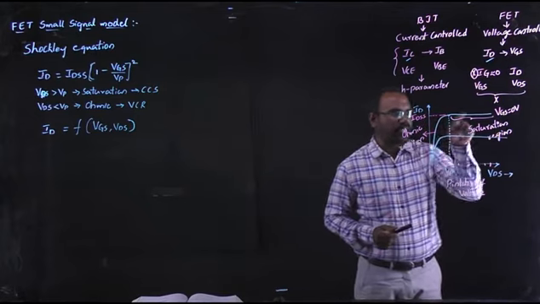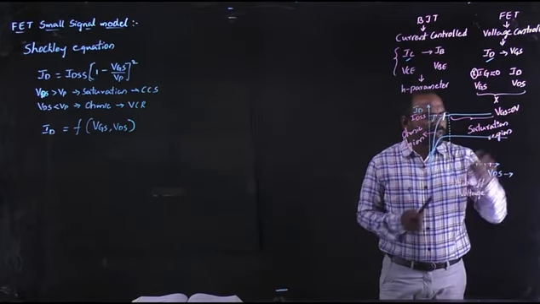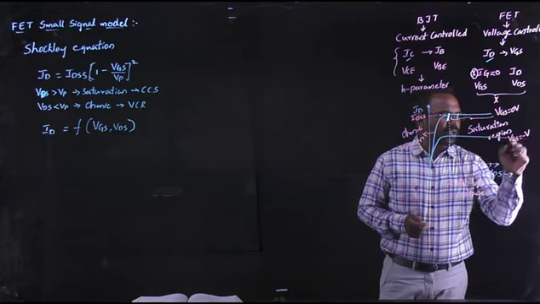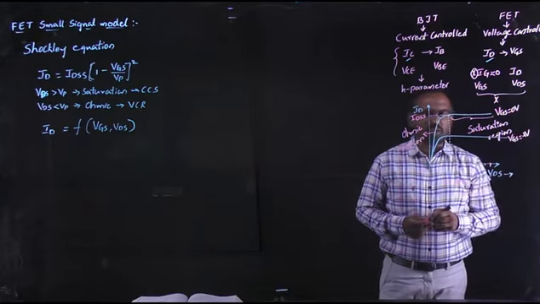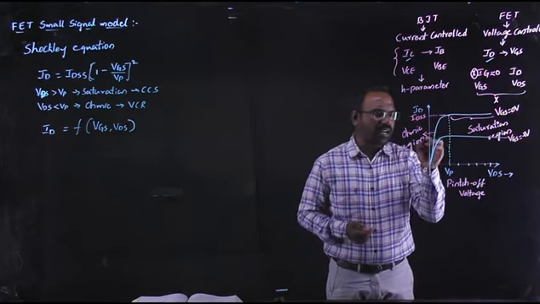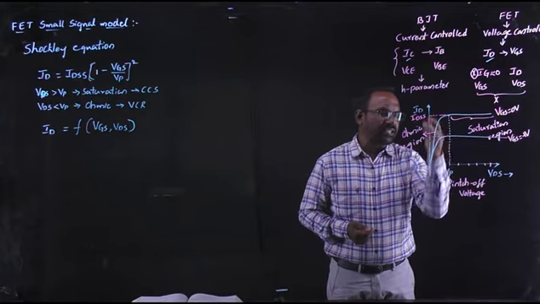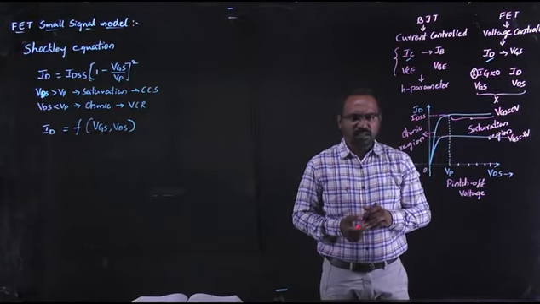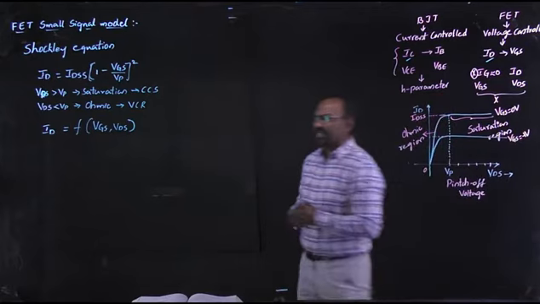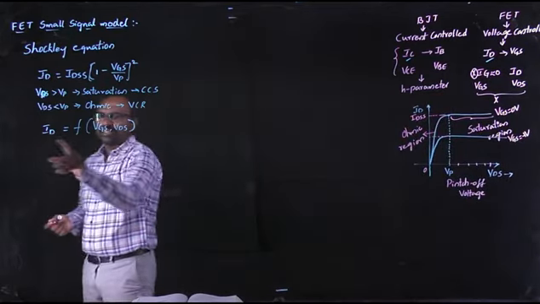This is the maximum current. So when you take VGS to minus volts, say minus 1 volt, the IDSS has been reduced, or I can say ID is reduced. That means my ID depends upon this VGS also. That is the reason why I have written this statement.